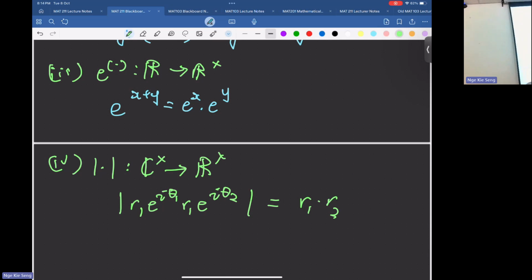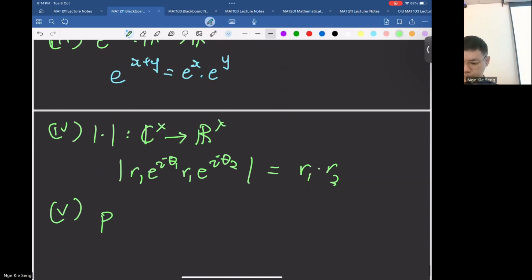So the multiplication inside your complex number turns into a multiplication inside your real number. There's one more, which is this parameterized curve from R to S1, which I remind you is the unit circle.